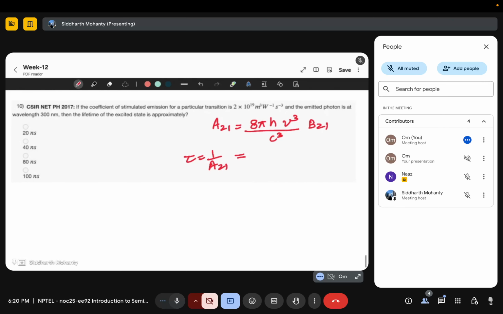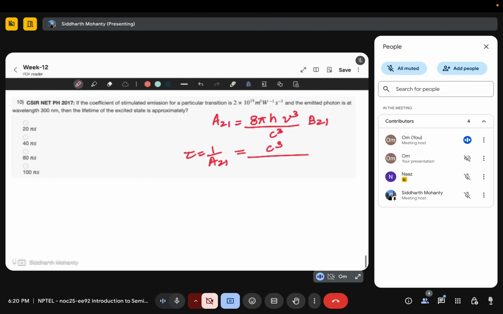So it will be c cube upon 8 pi h nu cube B21. c cube by nu cube will be lambda cube, so tau is lambda cube upon 8 pi h B21.